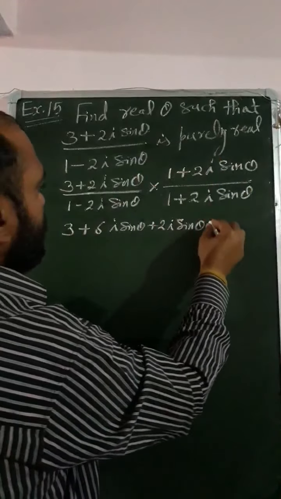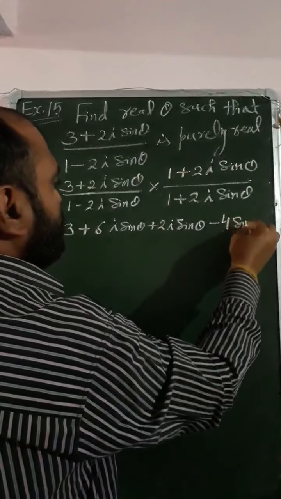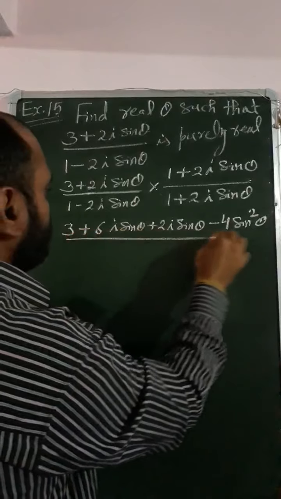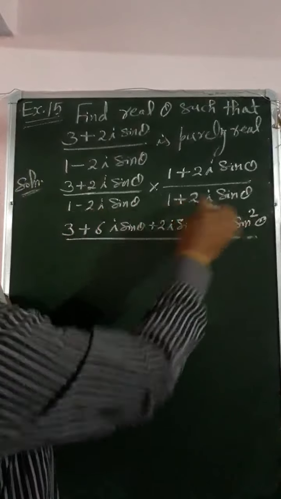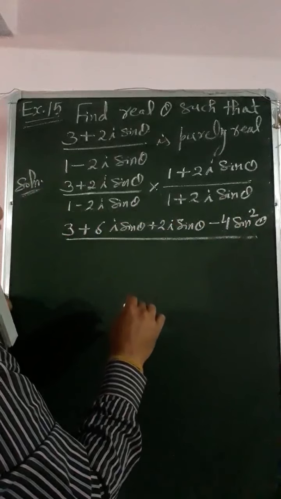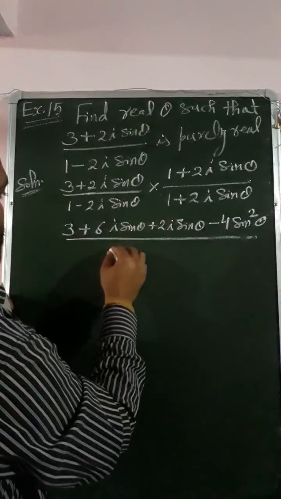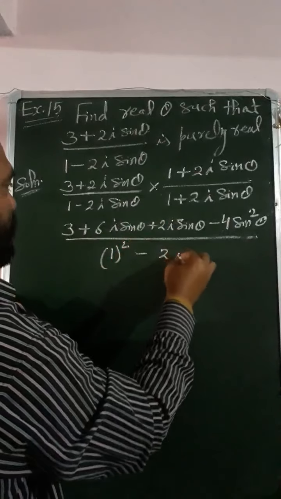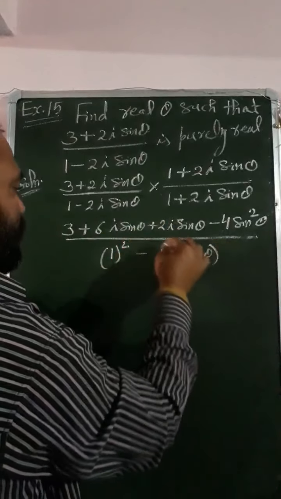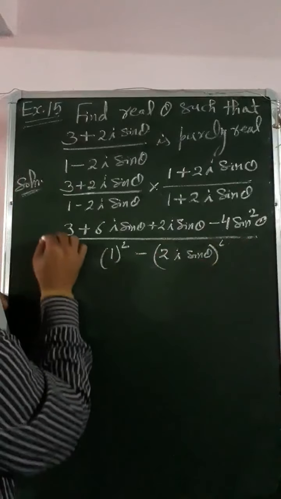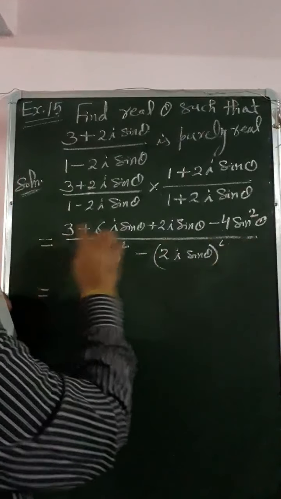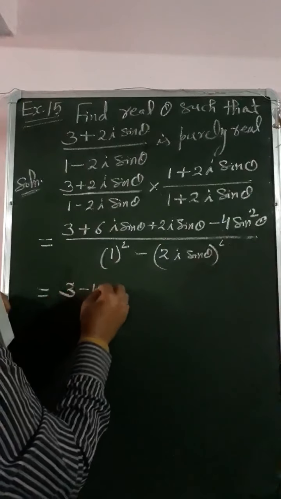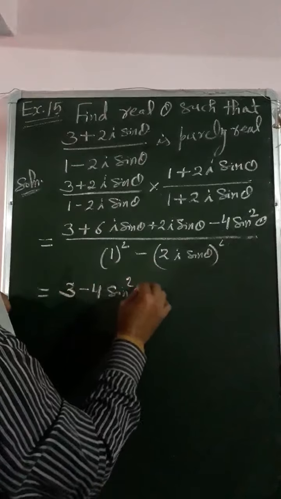So this becomes minus 4 sin square theta, right, over a minus b into a plus b, a square minus b square. So this becomes 1 square minus (2i sin theta) square. So now when you simplify this, the real part becomes 3 minus 4 sin square theta.